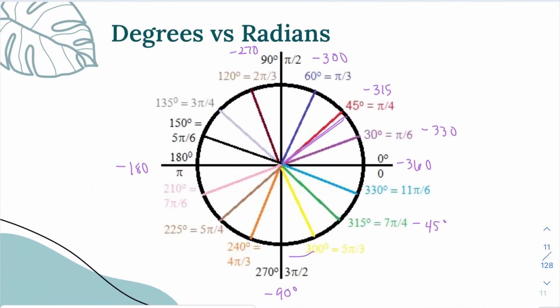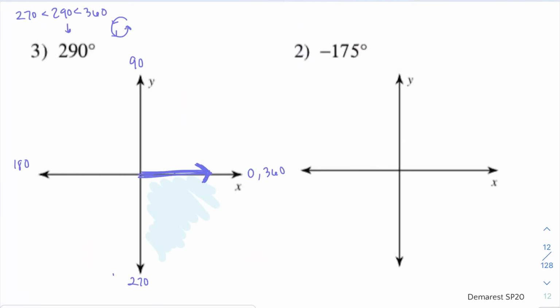So the first thing I do is I go back here and I see, okay, in the fourth quadrant, the middle angle is 315. So if I was here, that would be 315. So 290 is now between 270 and 315. Again, this is not things you have to actually write out.